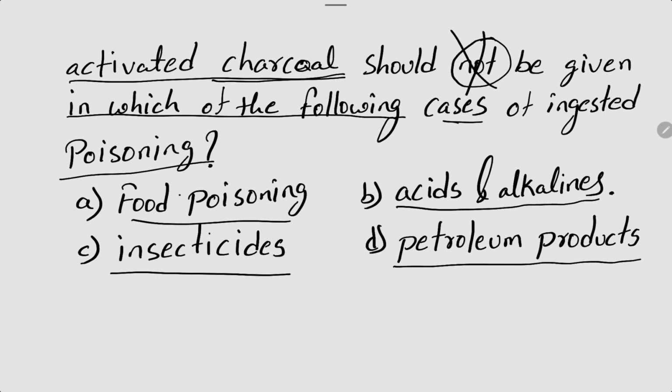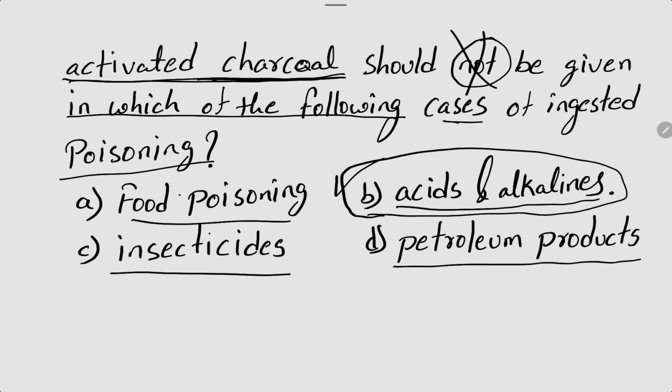The right option is option B, acids and alkalines. In this case we should not use activated charcoal, because the acids and alkalines will react with the charcoal. For that reason we should not use charcoal when the person is poisoned with acids and alkalines.